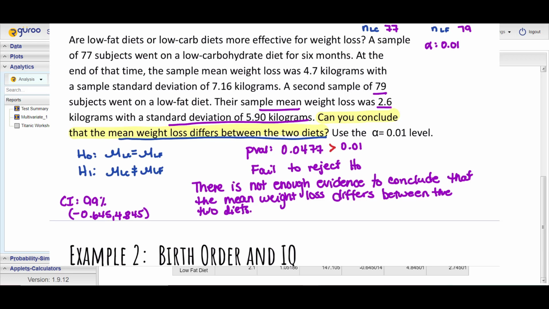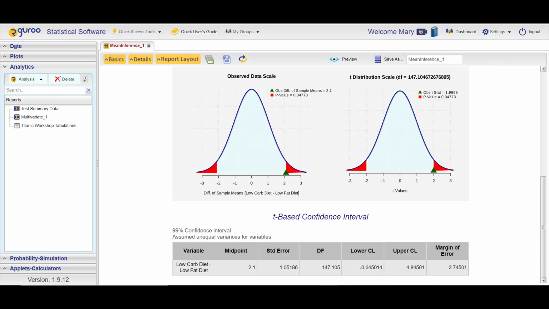All right, so let's see if our confidence interval agrees. So here's the deal with confidence intervals, okay? Confidence intervals for two populations. What you're finding the confidence interval for is you're estimating actually the difference in the means, or the difference in proportions if you're doing a proportion inference, rather than just an individual mean or an individual proportion. Okay. Now, the great thing is you could come back here.